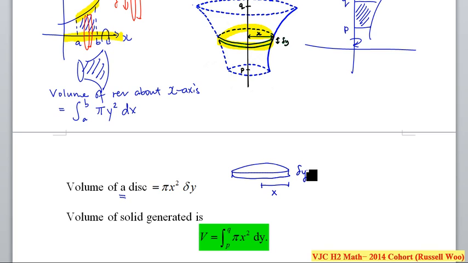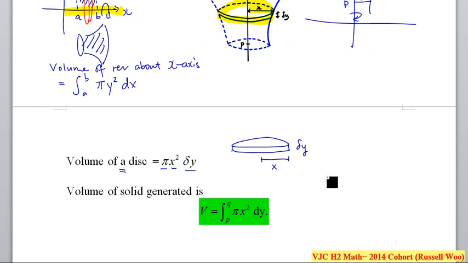So using the volume of a typical cylinder, pi x squared delta y. I'm not going to elaborate further, because ultimately we are going to have a summation of volumes.